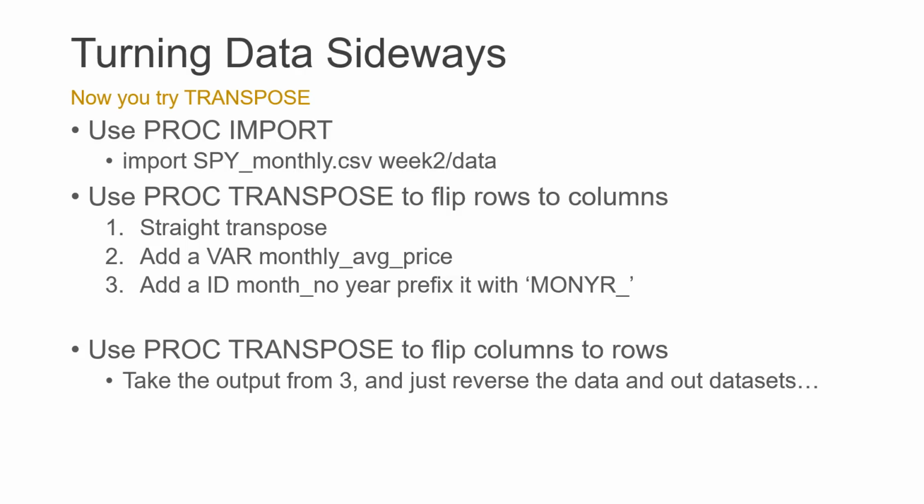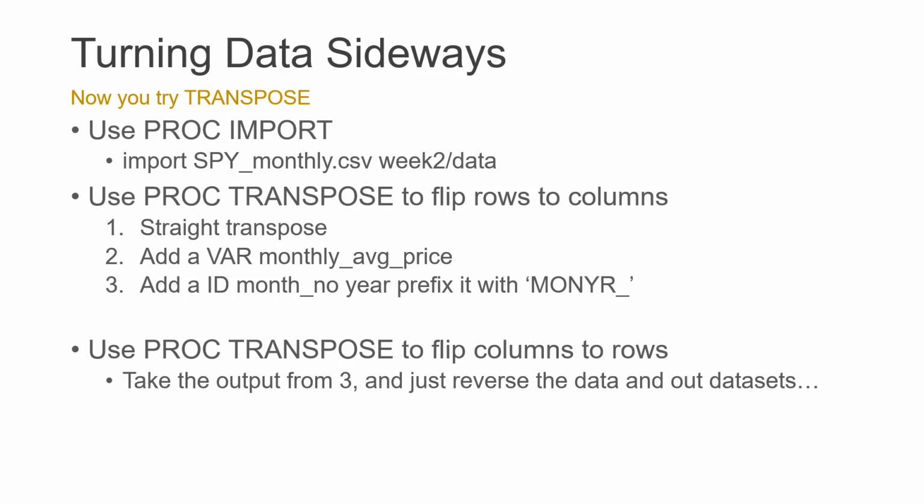Okay, now you try. I went ahead and created a CSV file for the S&P 500 monthly average prices, spy_monthly.csv. Go ahead and import that. Then you're basically going to follow the exact same pattern that I did.